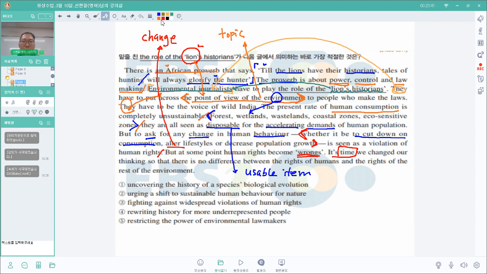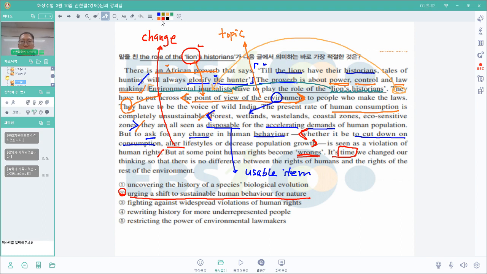So we have to consider there is no difference between the right of a human and the right of the rest of the environment. It is urging us to change to sustainable human rights behavior.